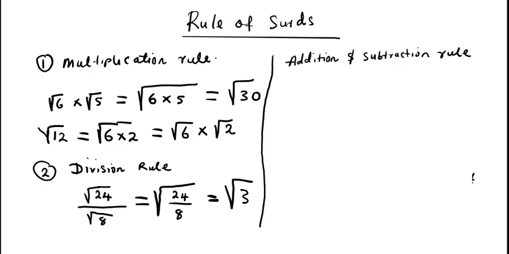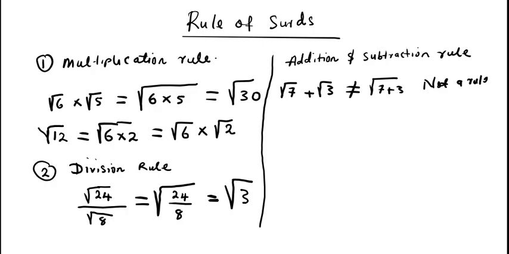Okay, if we have square root of 7 plus square root of 3, this is not equal to having only one square root and having 7 plus 3. This is not a rule in surds, not a rule.